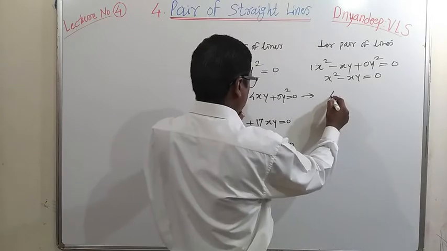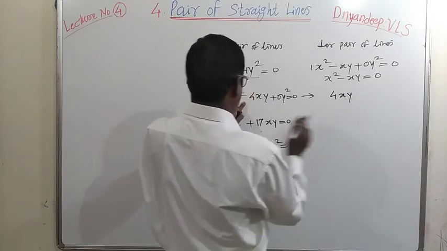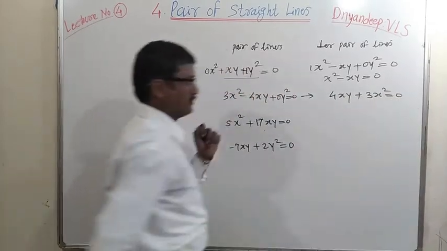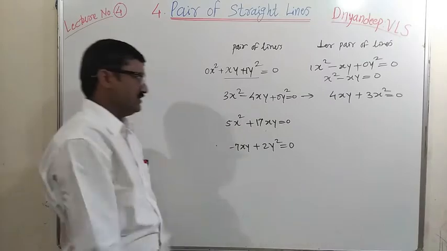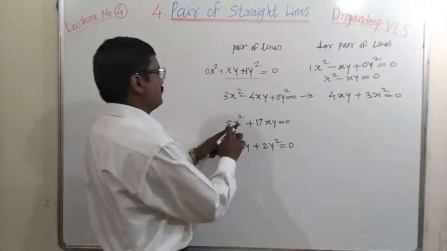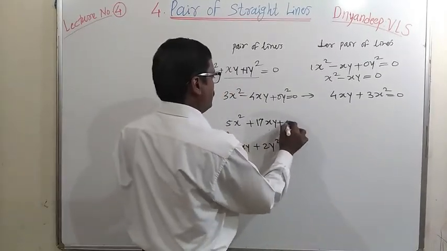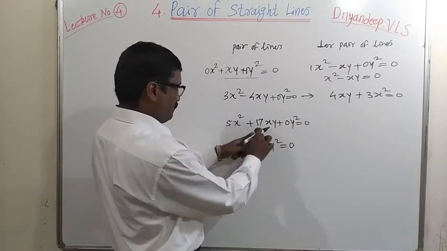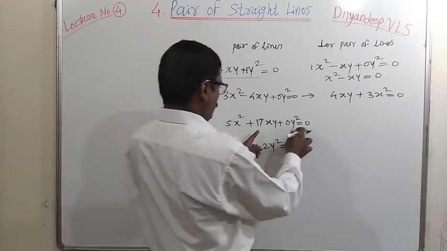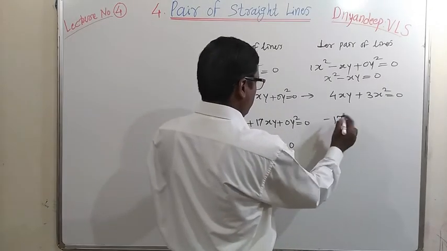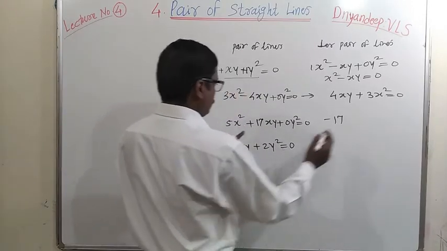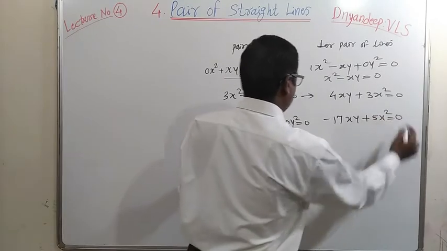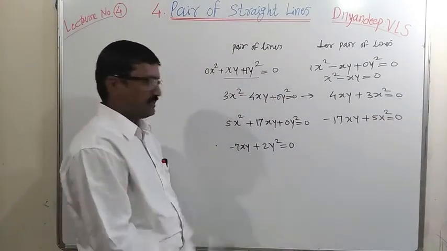So we get 4xy, and this coefficient will come here, plus 3x square equal to 0. Okay, again here the y square term is absent, so it is 0 y square. Now both are same, so change the middle term, and we give this coefficient to y square. So it is minus 17xy plus 5x square equal to 0. You can write it as 5x square minus 17xy.